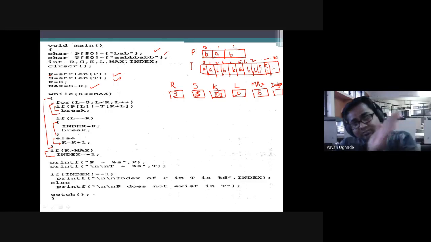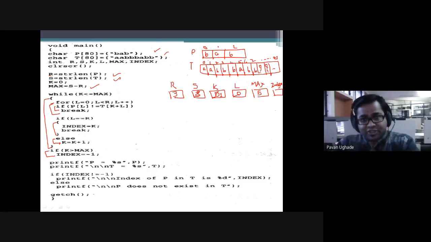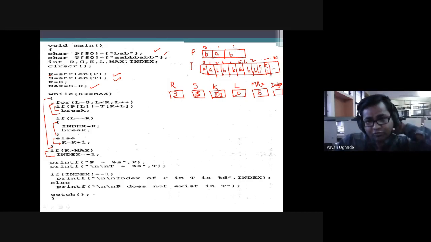You remember the previous video that we have watched, right? You have to check one character at a time. Understood, there is no match, so I'm comparing it with the second character. So T of 1, whether P of 0 not equals T of 1, condition true or false? Condition is true. B is not equal to A.